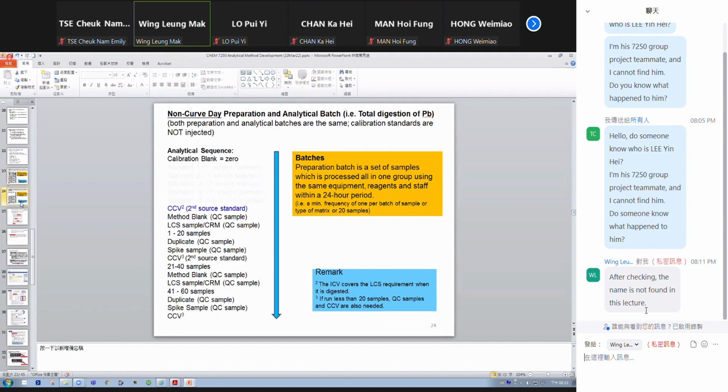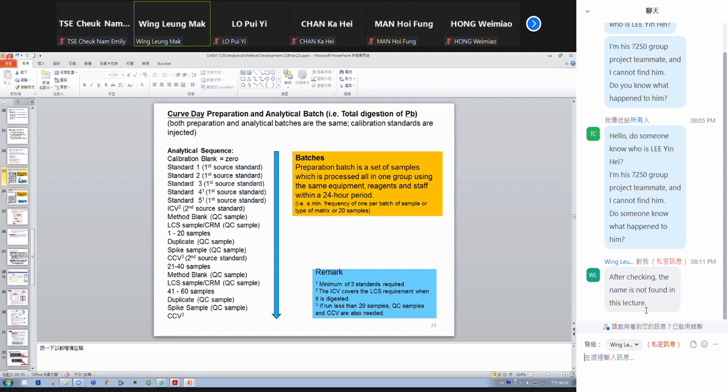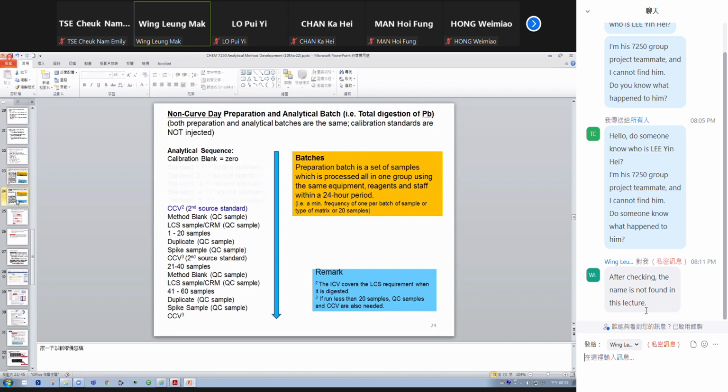For day two, if you don't want to inject the calibration curve standards again, we check to ensure the instrument can work properly. If your method blank, CRM, duplicate, and spike are also correct, you can continue your analysis.